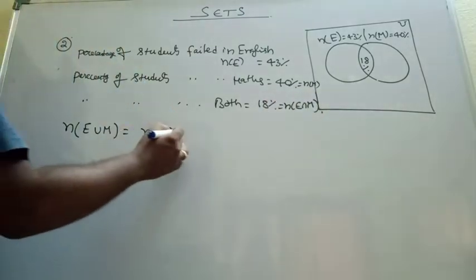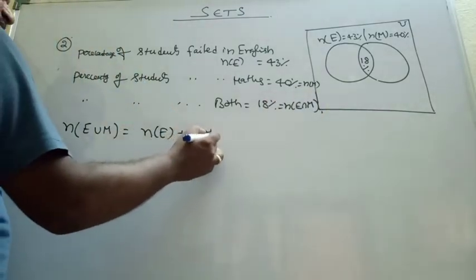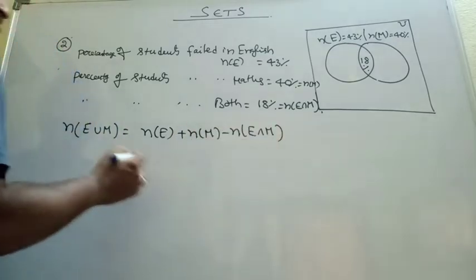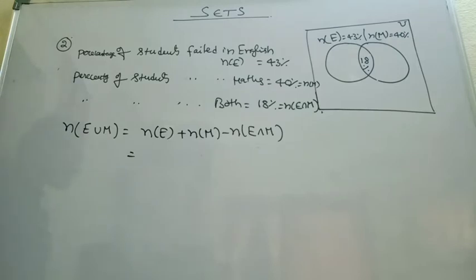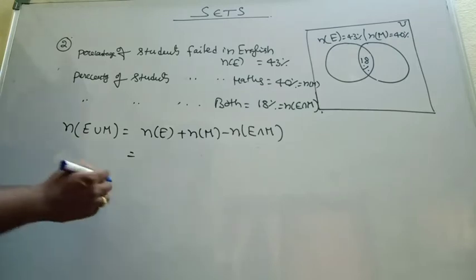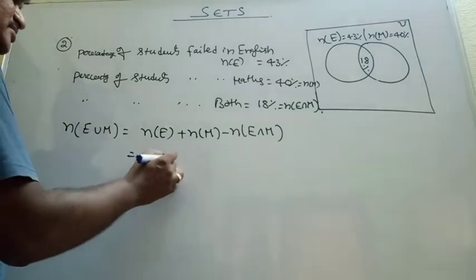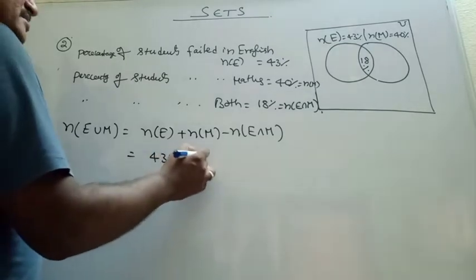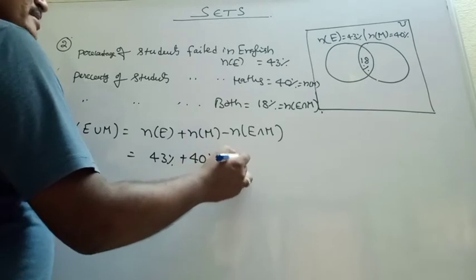Now this is equal to, you know the formula, N of E plus N of M minus N of E intersection M like this, right? Now how are we going to do this problem? N of E, you know that, is 43% plus N of M, 40%, minus 18%.